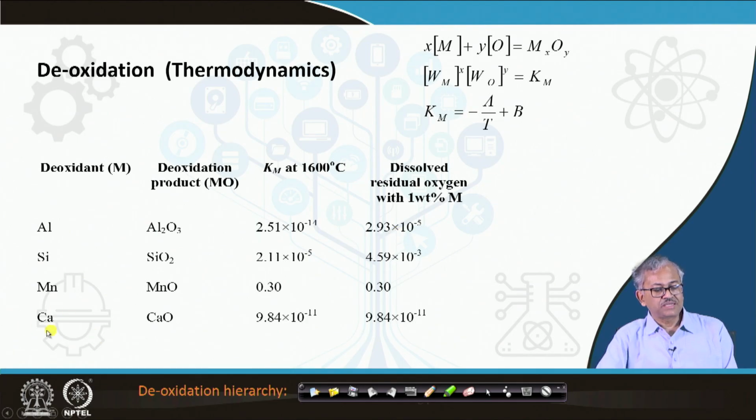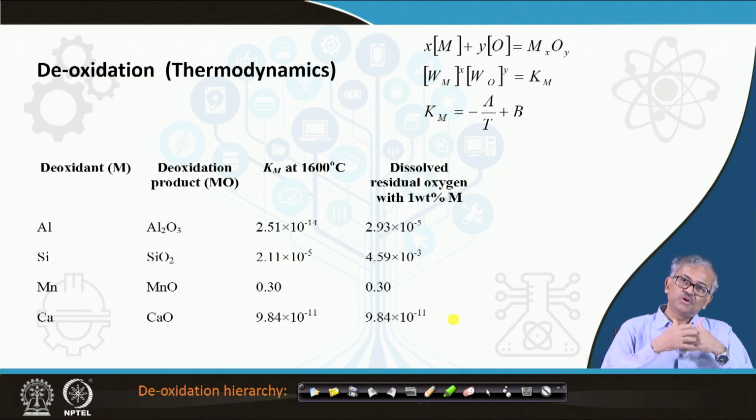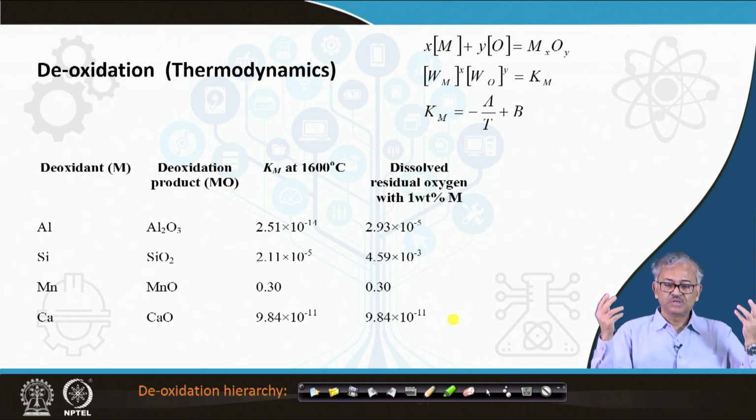Similarly, consider calcium as deoxidant. With 1 weight % of calcium in the bath, the dissolved oxygen in equilibrium will be 9.84 × 10⁻¹¹. That means the oxygen level will be reduced to almost 0.